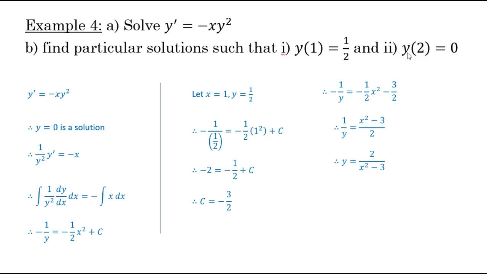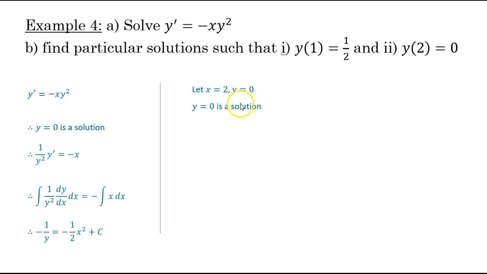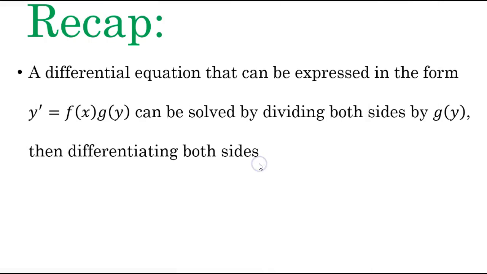So if one of the coordinates for that point is 0, meaning my y coordinate is 0, then the solution here is y equals 0. It doesn't matter about the x in this case. That's all we do for that one. So they were my two particular solutions using separable differential equations.